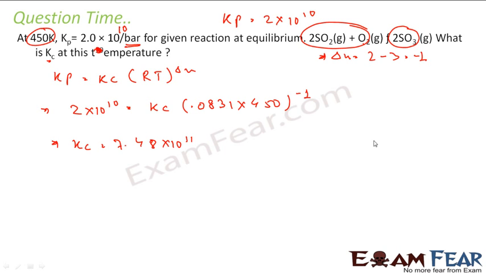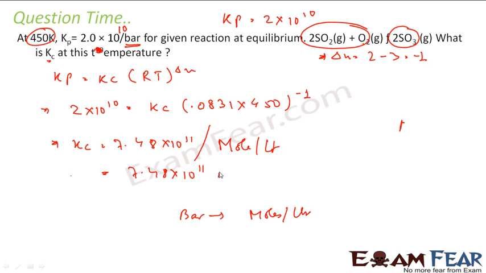Since it was per bar, it will be per M. M is moles per liter. So if the unit of Kp is in bar, bar has to be replaced with moles per liter. So I wrote per moles per liter, or I can say that it's nothing but liter per mole.